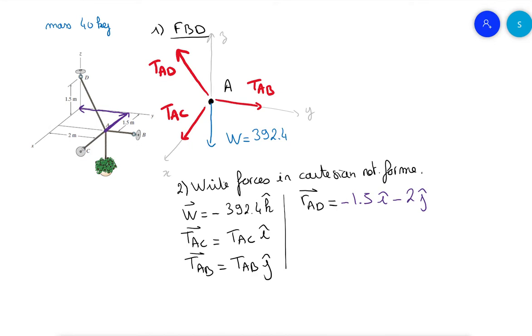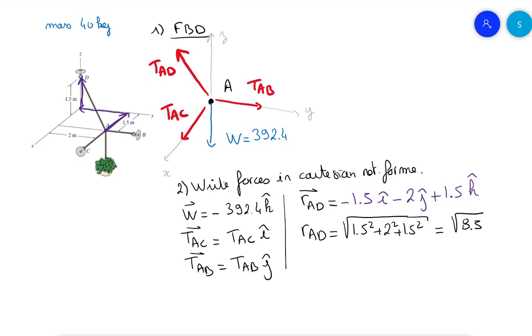And on z, we are going up, so plus 1.5 on k hat. So that's the vector RAD. The magnitude of RAD is the square root of 1.5 squared plus 2 squared plus 1.5 squared. That's the square root of 8.5.